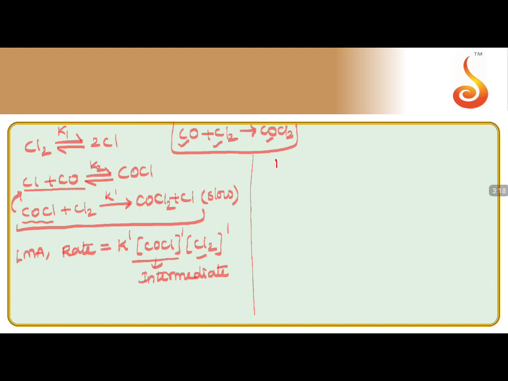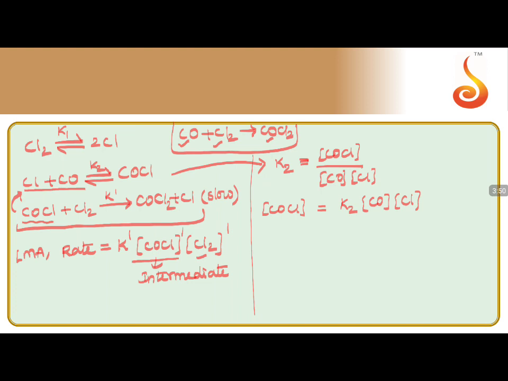From this, if you approach the equilibrium concept, K2 is equal to the concentration of product COCl by the concentration of reactants CO into Cl. So from this we can write the concentration of COCl is equal to K2 into the concentration of CO into Cl.